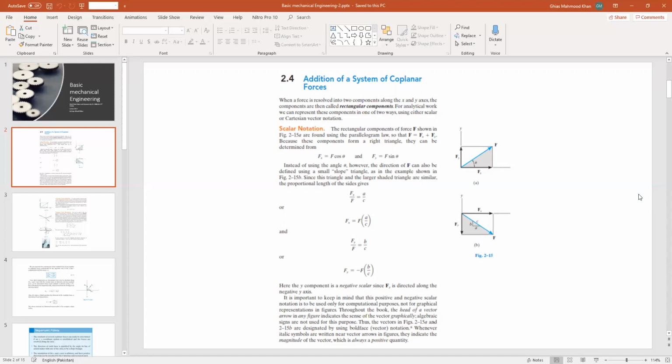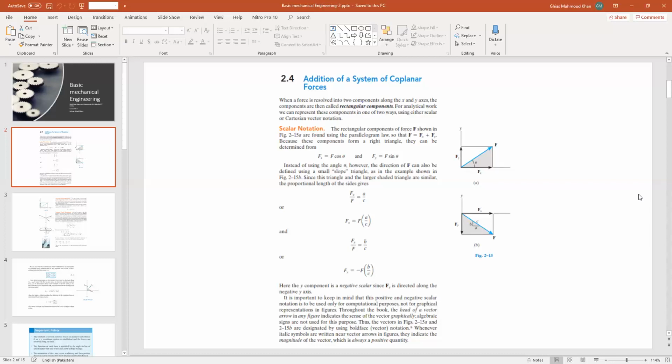What is the rectangular component? If the force is acting at any angle theta from the x-axis, that force has two components, an x component and a y component, and you have to draw those forces on x and y components. In trigonometry, you know that if the angle is with the x-axis, then F of x is F cos theta, while F of y is F sin theta.